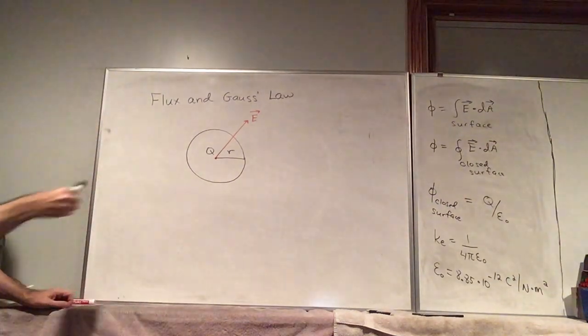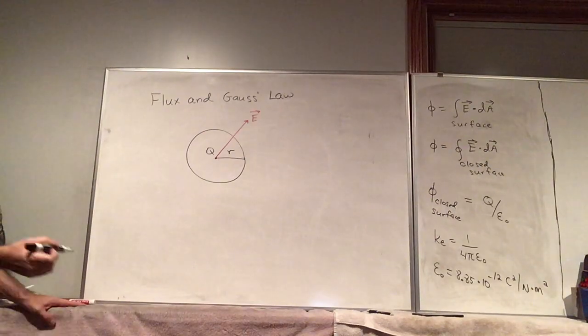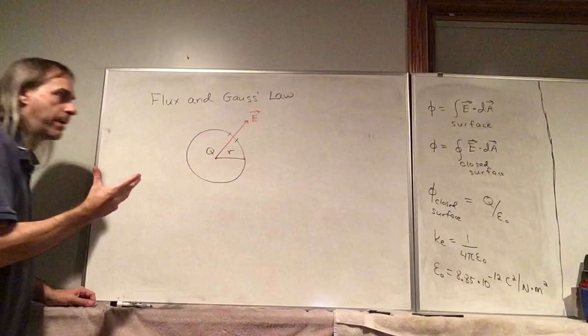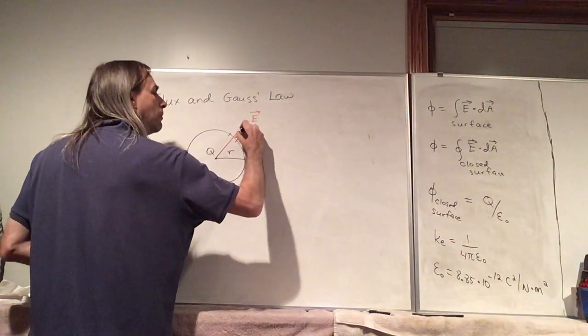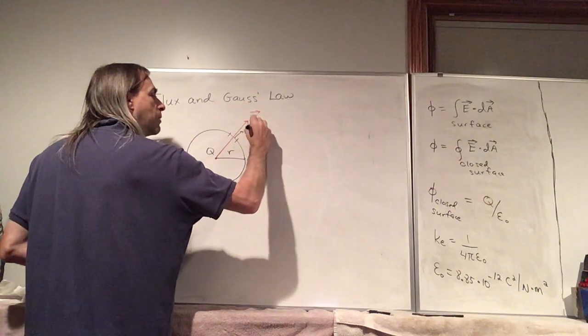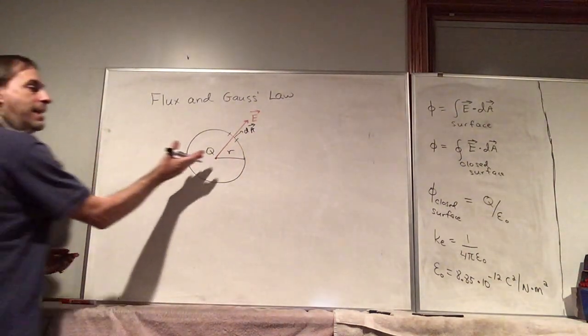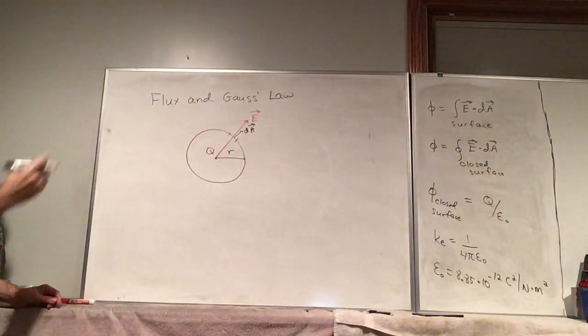And again, this is a closed surface, so we have to use the integral version of it. But if we look at this element of area, our dA vector would also be radially outwards from the center. Any radial line is going to be perpendicular to the surface if that line passes through the center.